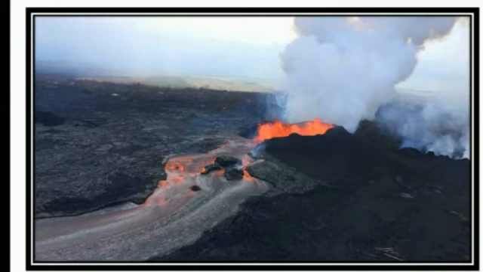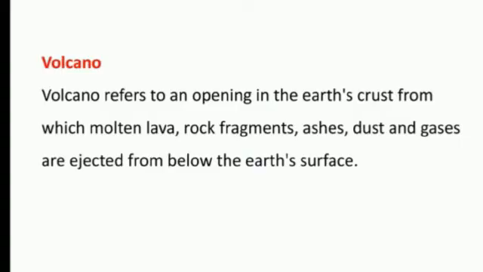When there is a volcanic eruption, the inner things from the interior part of the earth are thrown outside, for example molten lava, rock fragments, ashes, dust, and gases. All these are seen coming out from the volcano.